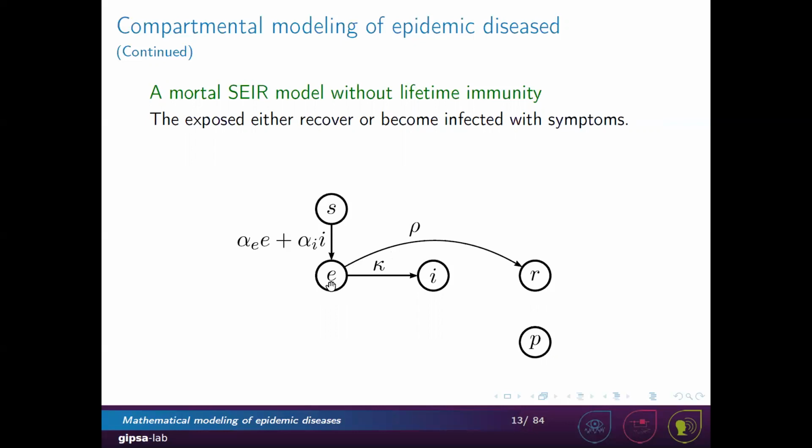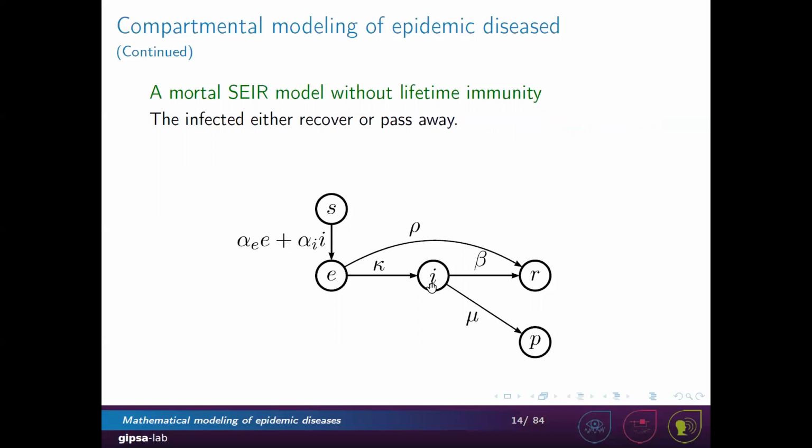They might either recover or they might become infected. And whether they directly recover or they become an infected person with symptoms depends on the type of the disease and the illness that we are studying.